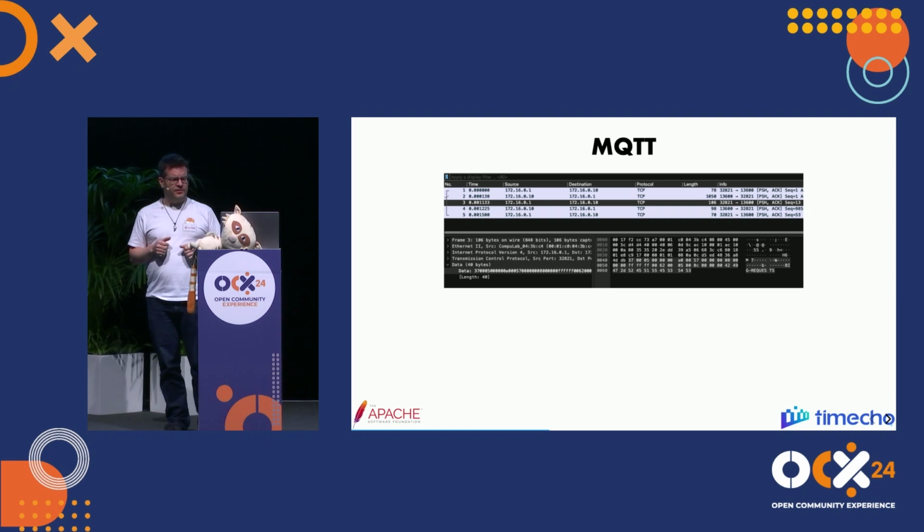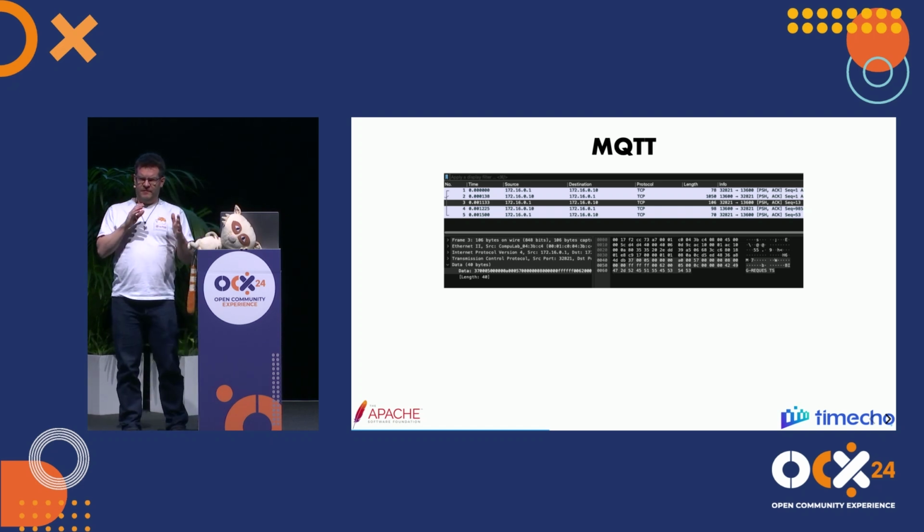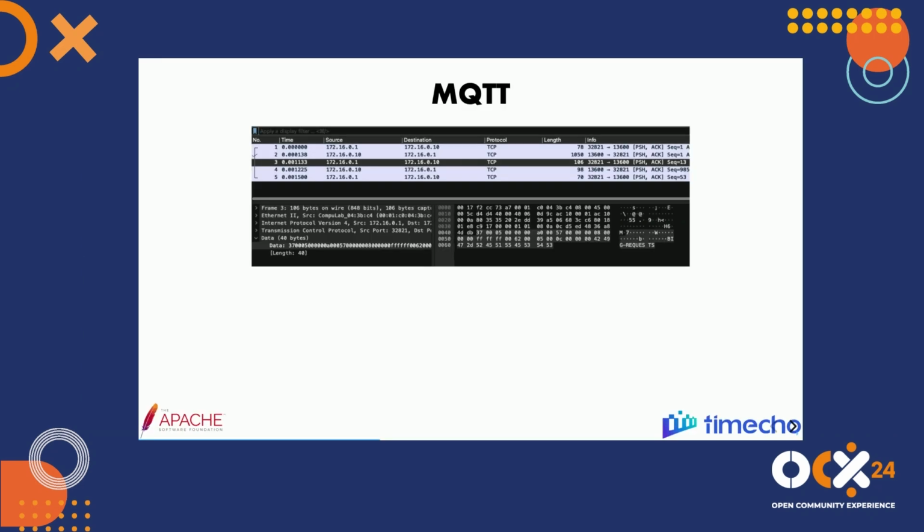Another example, this is MQTT. And this is vanilla MQTT. This is not Sparkplug B. That would add quite a bit more, not as bad as OPC, but it would add more volume to the whole thing. But you can see here, 106 bytes for just transferring one bit.